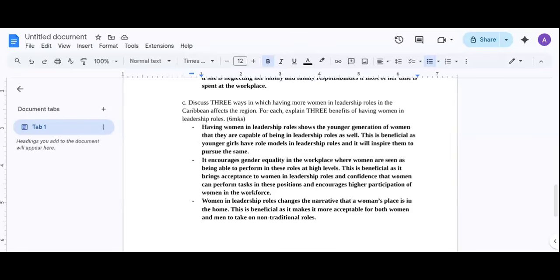Right. We have the Prime Minister of Trinidad and Tobago, Kamla Persad-Bissessar. Who else do we have in the Caribbean region in leadership roles? The President of Trinidad and Tobago as well. Who else in the Caribbean region? I think the Prime Minister in Barbados is also a woman, right?